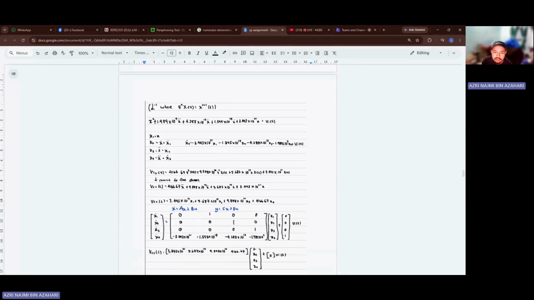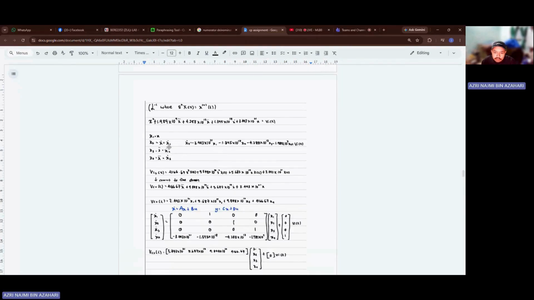On this page, the normalized transfer function is converted into its state space representation. First, the inverse Laplace transform is applied to obtain the fourth-order differential equation of the system.